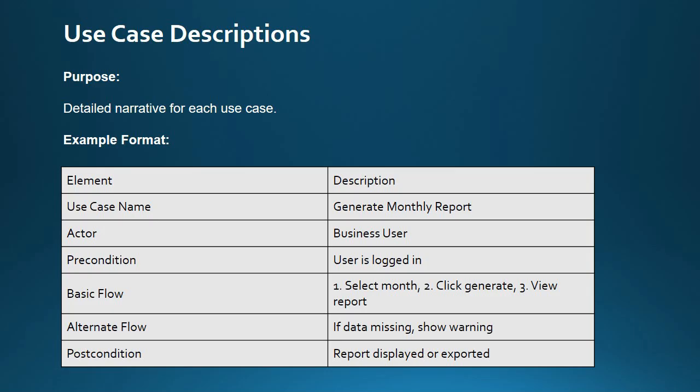The standard use case description includes use case name, the functionality, actors involved, preconditions, what must be true before execution, basic flow, normal scenario step-by-step, alternate flows, errors, exceptions, post-conditions, result after execution. This slide emphasizes the importance of narrative clarity and how structured formats improve traceability and development accuracy.